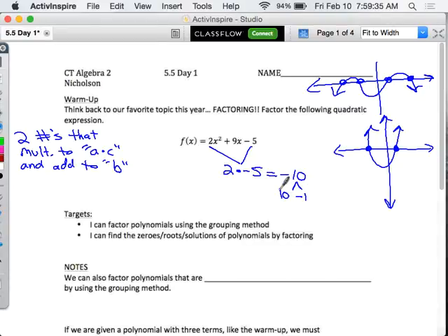So we will write 2x squared plus 10x minus 1x and then minus 5.